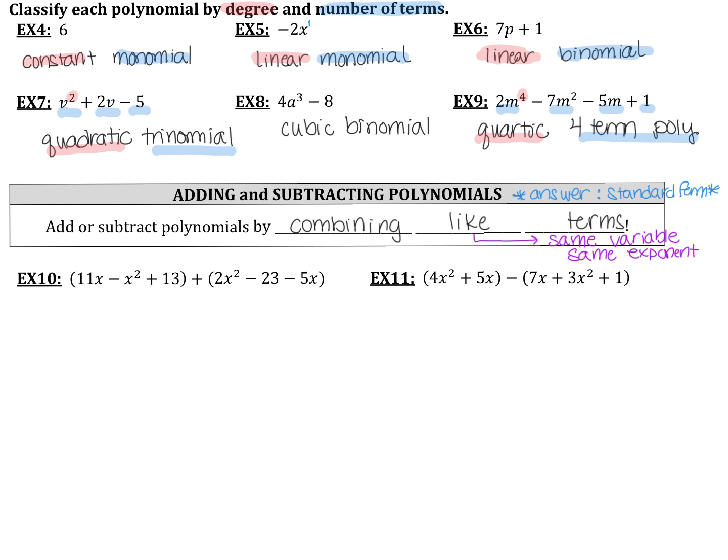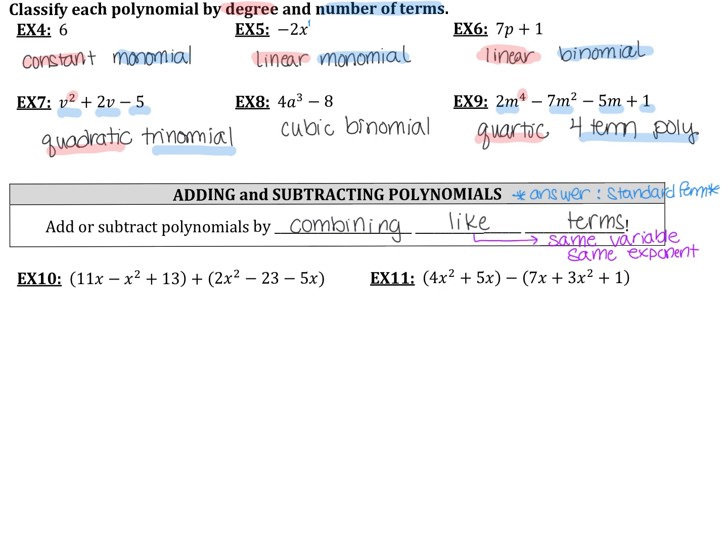Okay, so let's look at the first example. Example 10 says I want to add 11x minus x squared plus 13 plus 2x squared minus 23 minus 5x. Now, it didn't ask, but if I were to classify this, first of all, not in standard form, notice the x squared comes second, and it's the highest exponent.